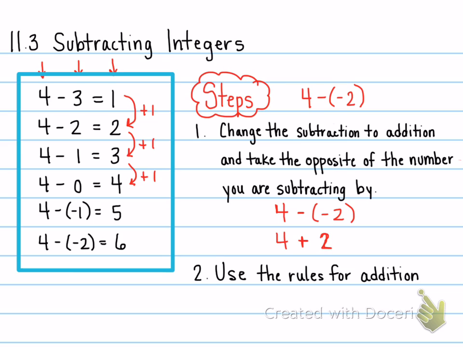If they have different signs, you subtract and give the sign of the bigger number. Since 4 plus 2 is the same sign, you just add the 4 and the 2 and you get 6, which shows the same answer that we had in the first example. So let's try a couple more of these.